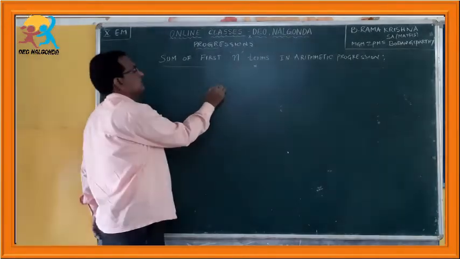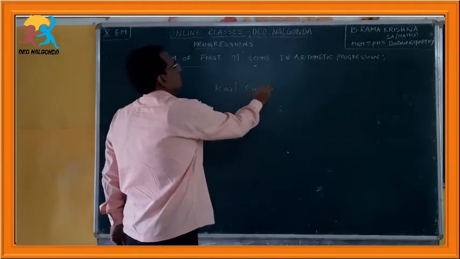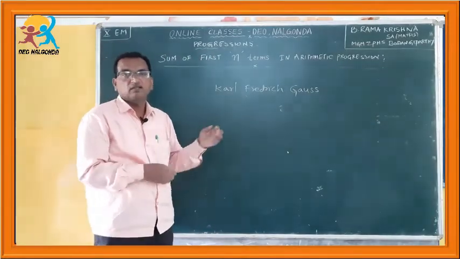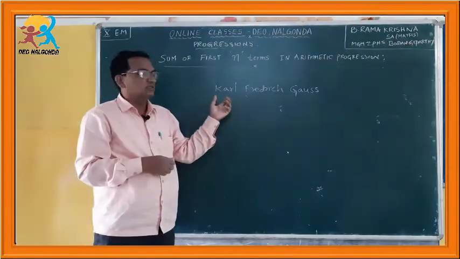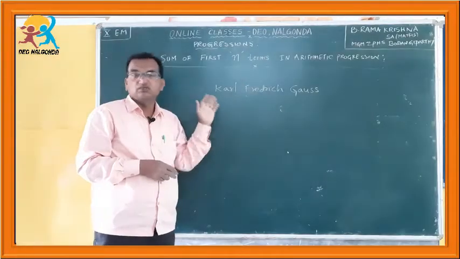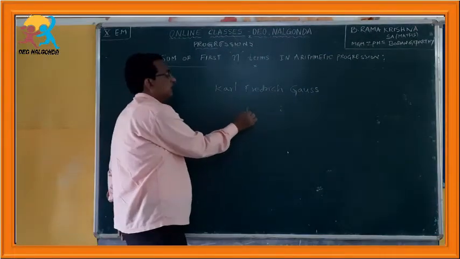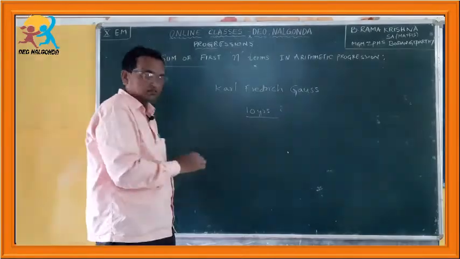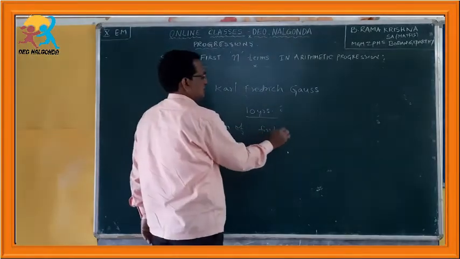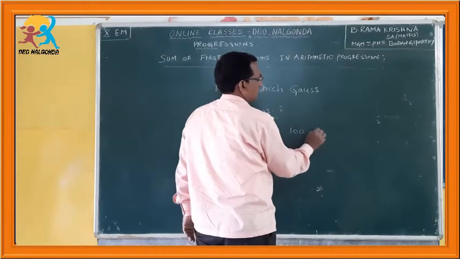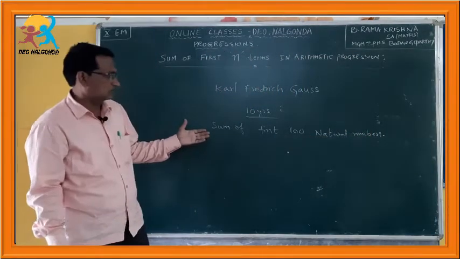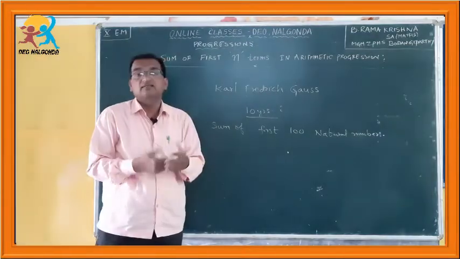The German mathematician Carl Friedrich Gauss was asked in his school, at the age of 10 years, this question: the sum of the first 100 natural numbers.